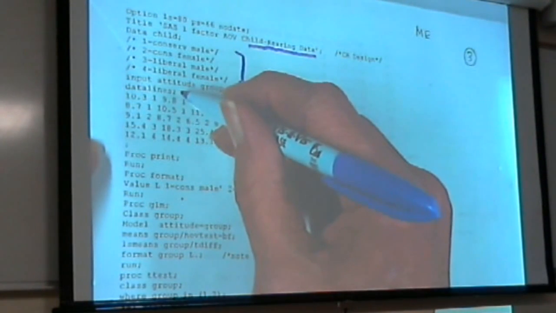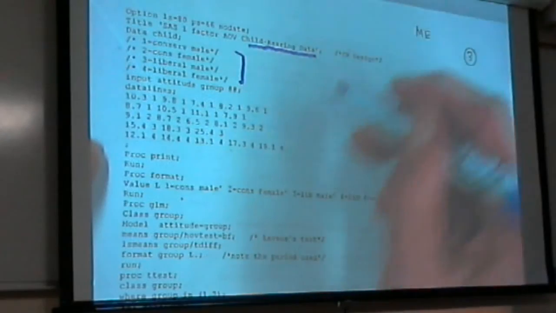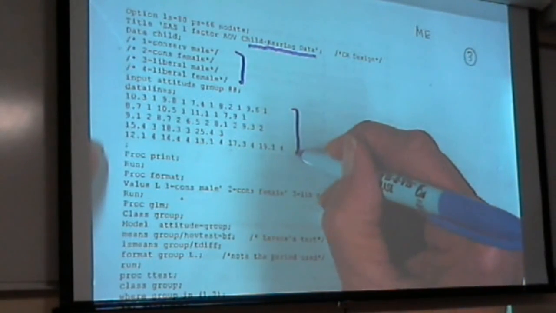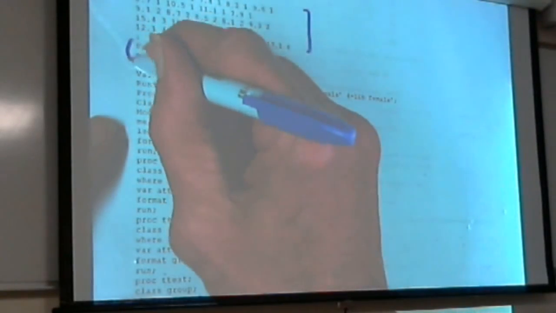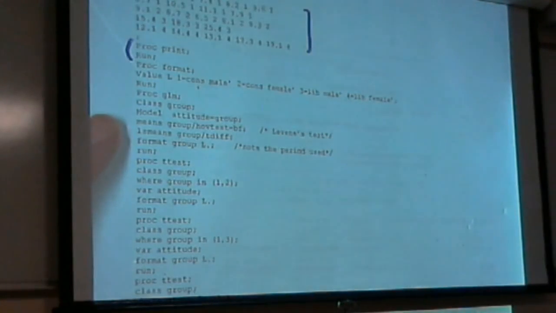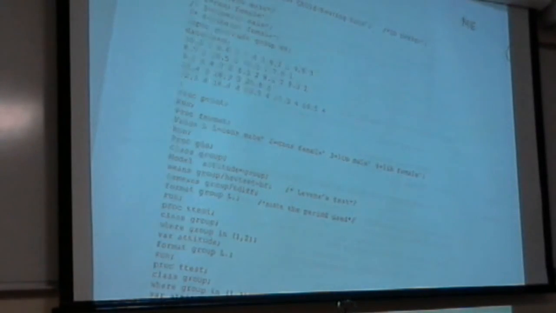So we have the attitude about child rearing and then the group. So two numbers are input multiple times per line here. And so we have some operations, a proc print. This prints out the data that you see coming up down at the bottom of this first page, and then continuing on the second page.